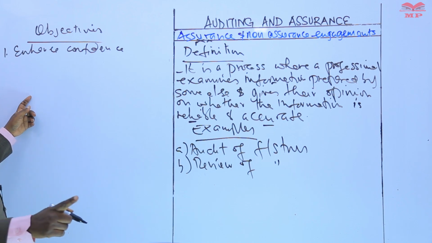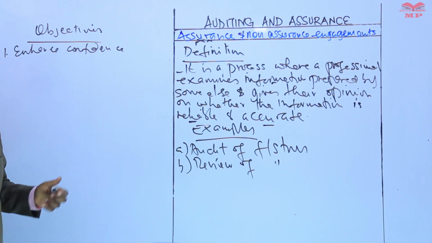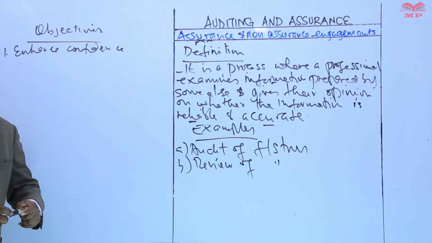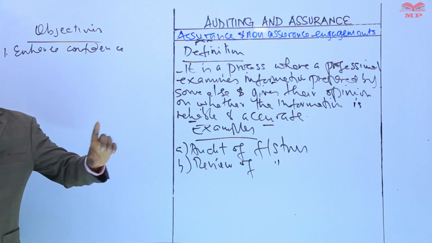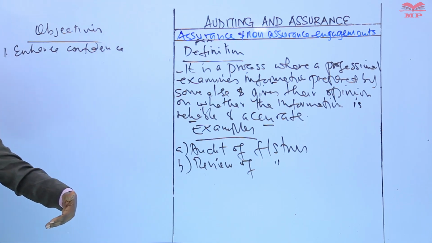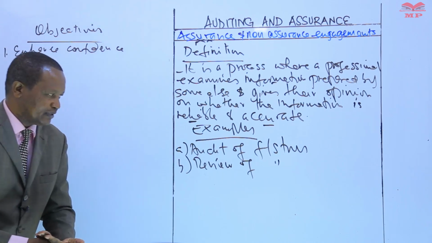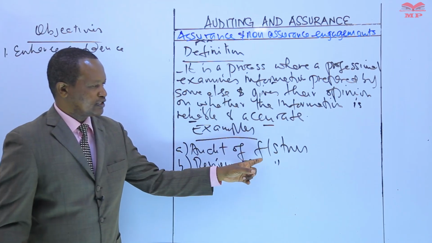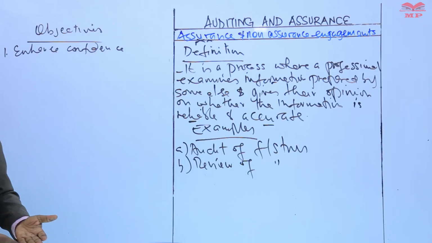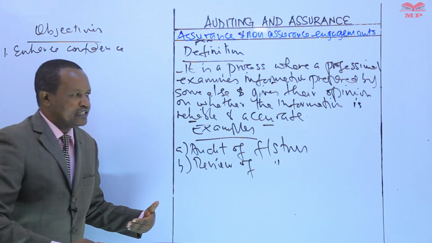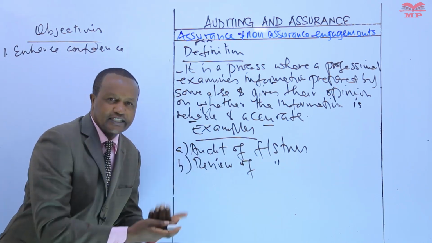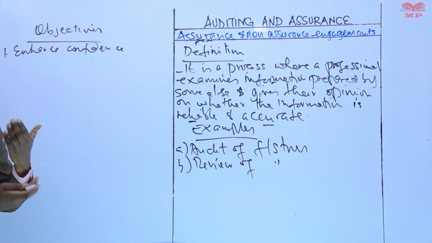So, the objective here is to increase the level of trust that users, such as investors, creditors, or regulators, may have in the information presented about the subject matter. And here the subject matter could be the financial statements. And that is achieved through the independent and objective assessment provided by the practitioner.